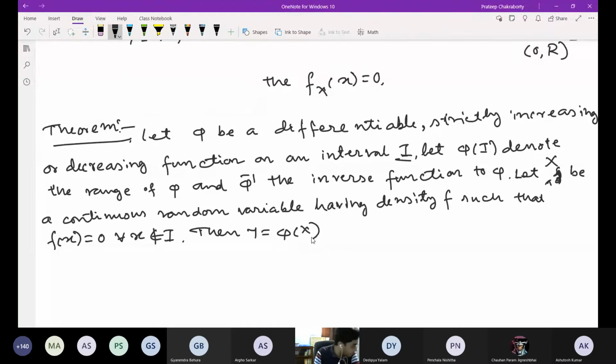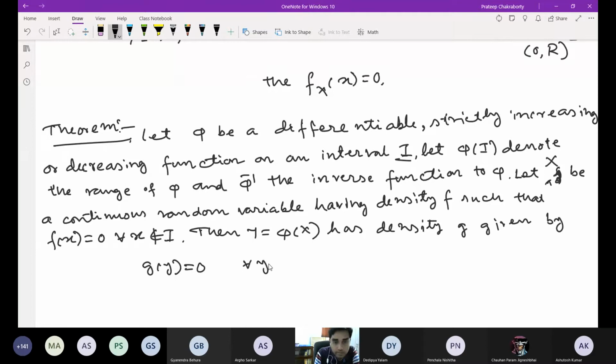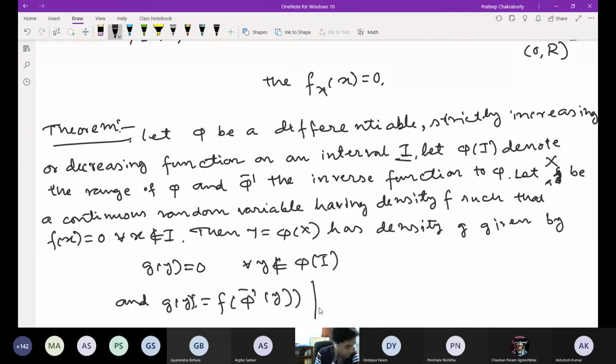Then y equal to phi of x has density g given by g(y) equal to 0 for all y not belonging to phi(I), and g(y) equal to f of phi inverse of y times the modulus of d by dy of phi inverse of y for all y belonging to phi(I).